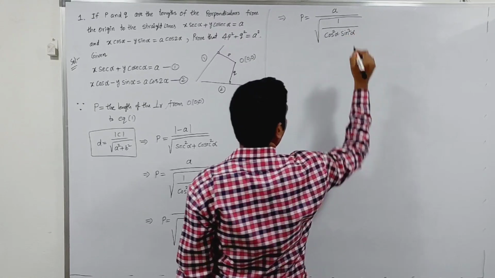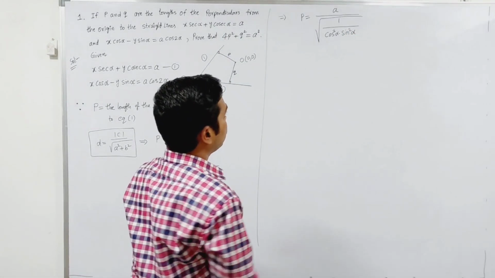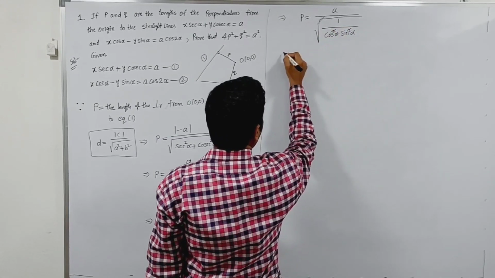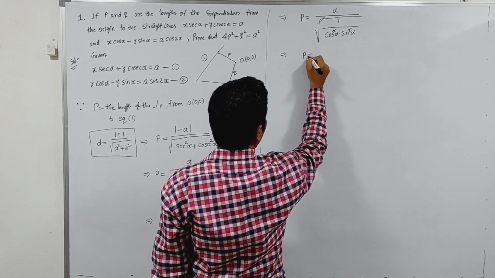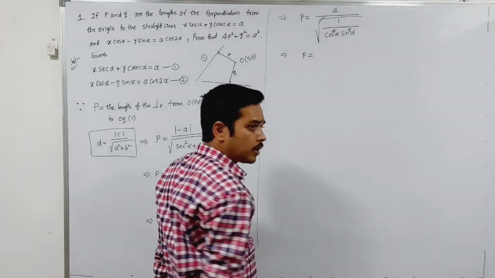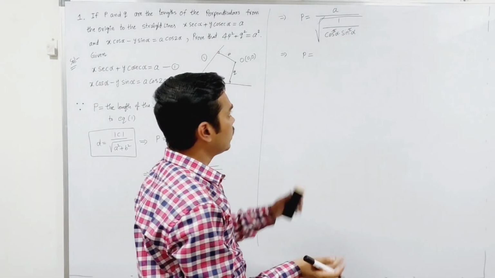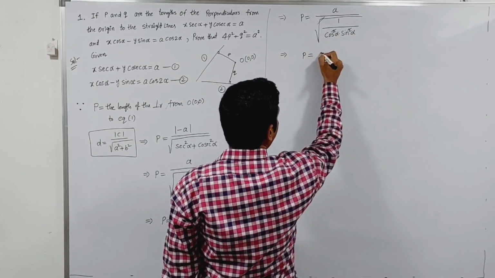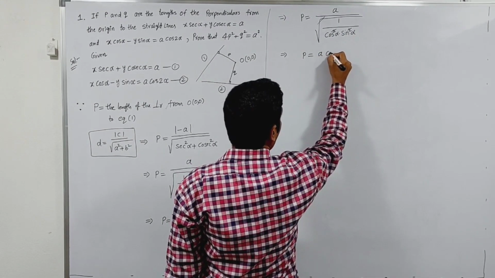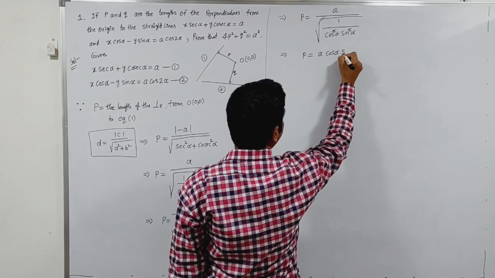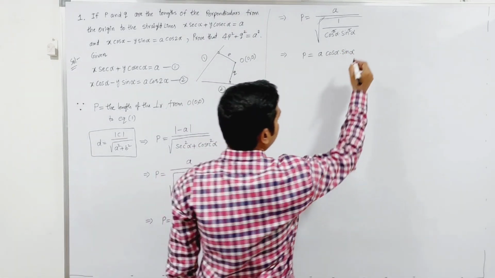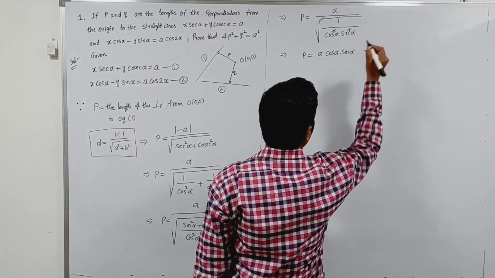Here the squares and roots cancel. What are the remaining terms? P is equal to a by 1 by cos alpha sin alpha. From this, P is equal to a into cos alpha into sin alpha. This is equation 3.